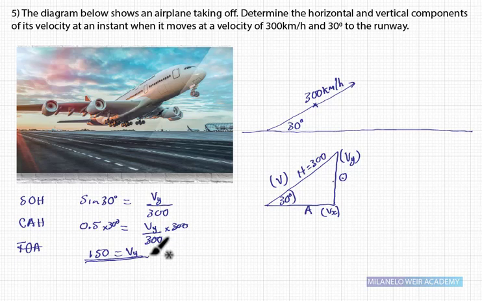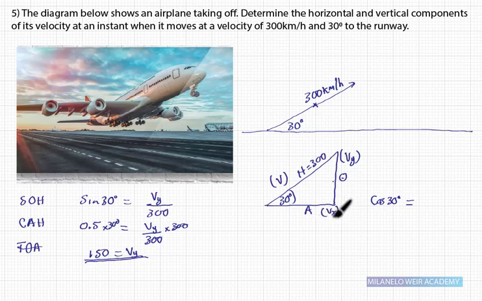Right? And now cos theta is equal to adjacent over hypotenuse.